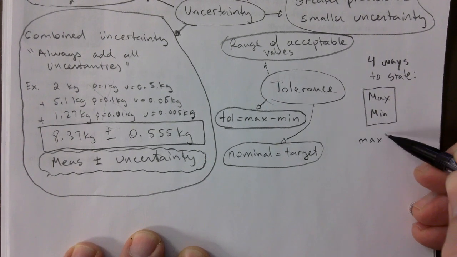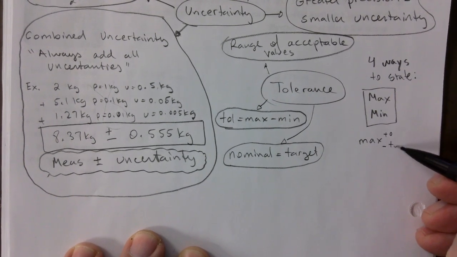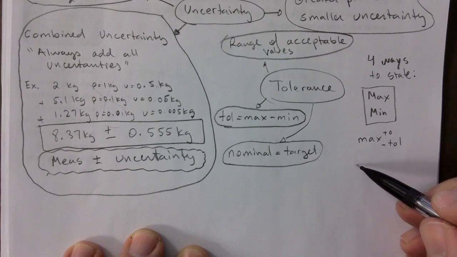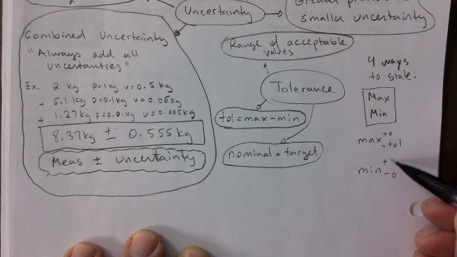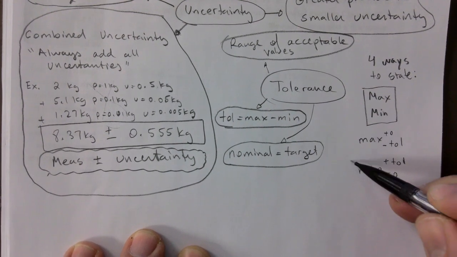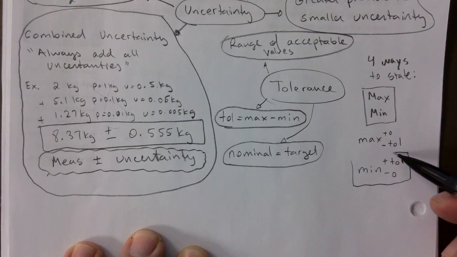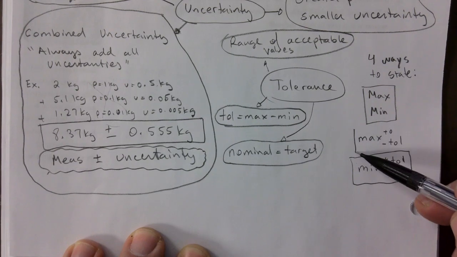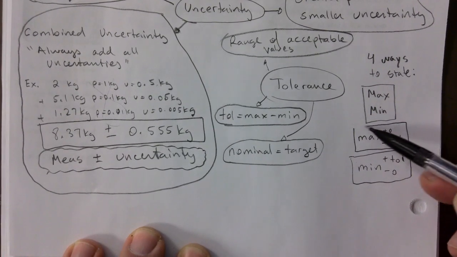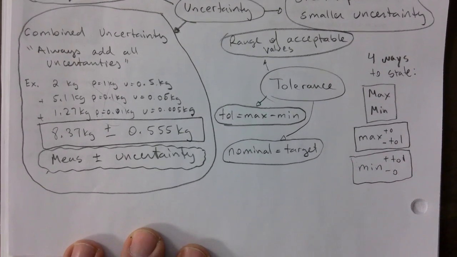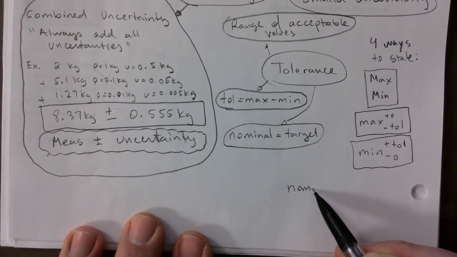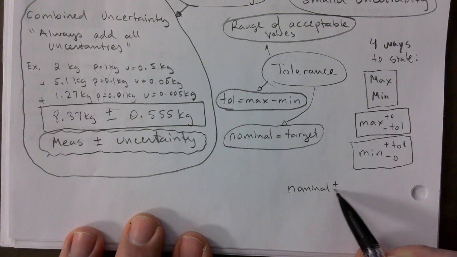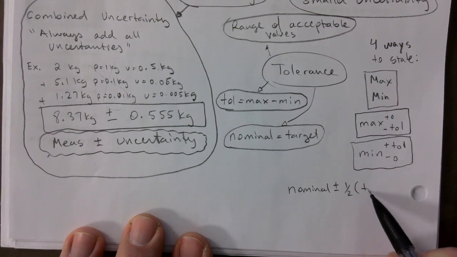There's max plus 0 minus the tolerance. There's min minus 0 plus the tolerance. And the last one is nominal plus or minus 1/2 tolerance.